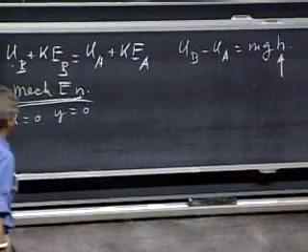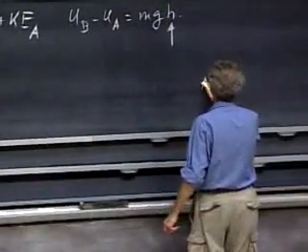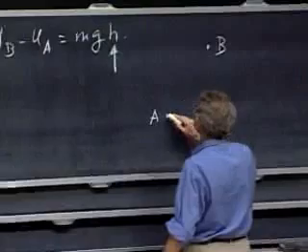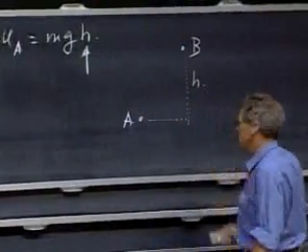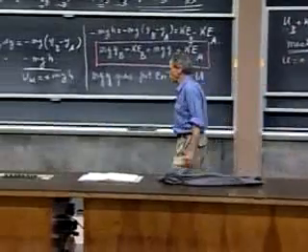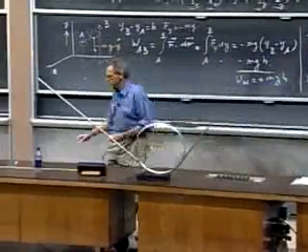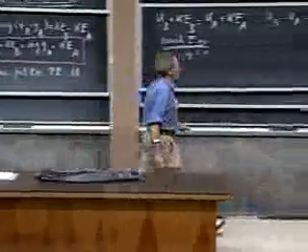It's easy to see. Suppose I have here point A and I have here point B. And suppose this separation was h. Well, if you prefer to call 0 potential energy at A, I have no problems with that. So we can call this U equals 0 here.